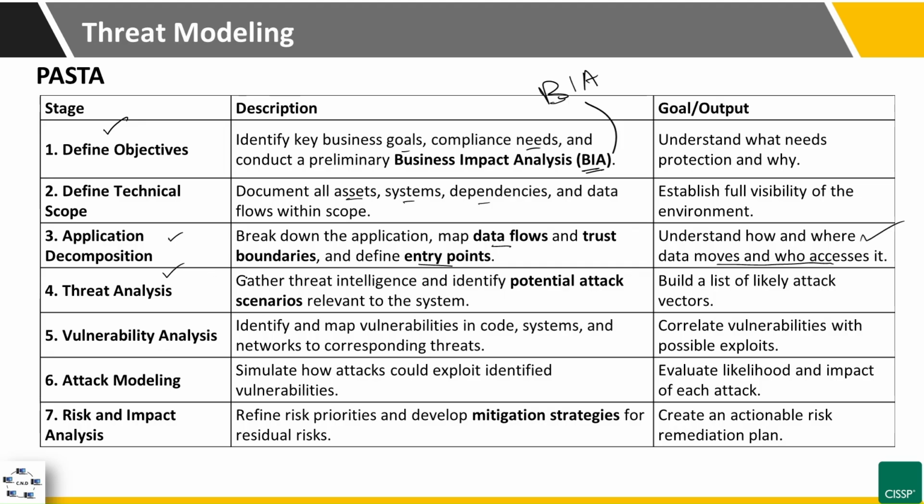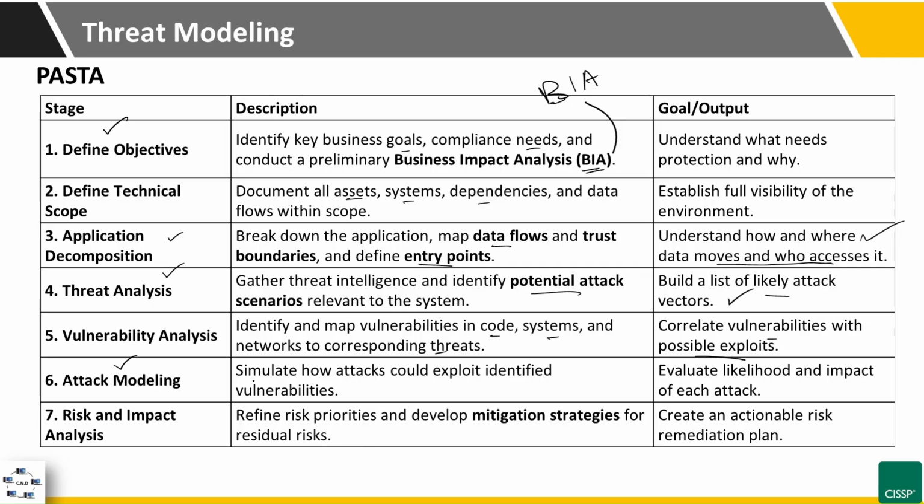Number 4 is threat analysis, which is gathering threat intelligence and identifying potential attack scenarios relevant to the system. The output or goal of this stage is to build a list of likely attack vectors. Number 5 is vulnerability analysis, which is to identify and map vulnerabilities in code, systems, and networks to corresponding threats. The goal or output of this stage is to correlate vulnerabilities with possible exploits.